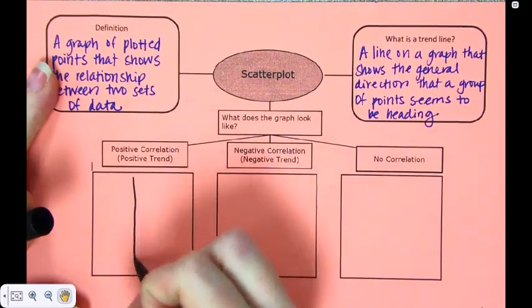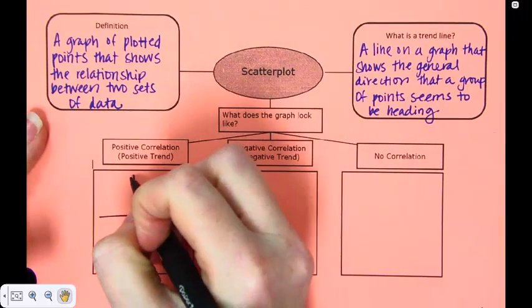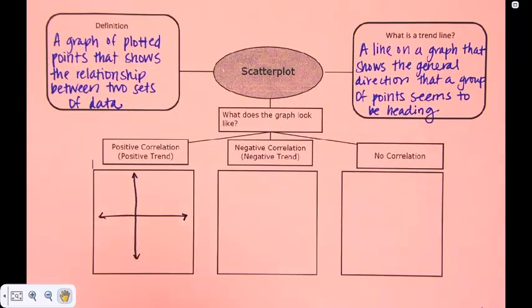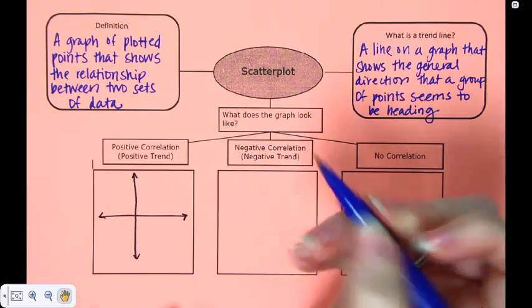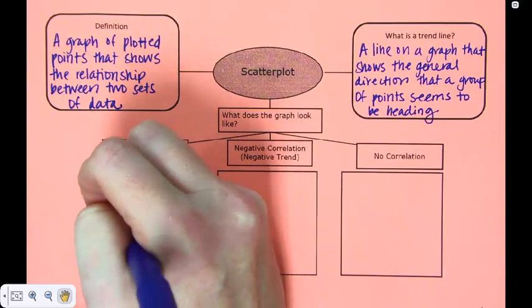Say I have a graph that looks like this. And a scatter plot, remember, is a graph of plotted points. So I have plotted points all over my graph.